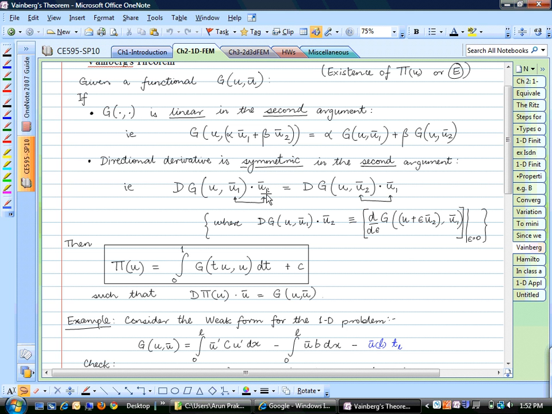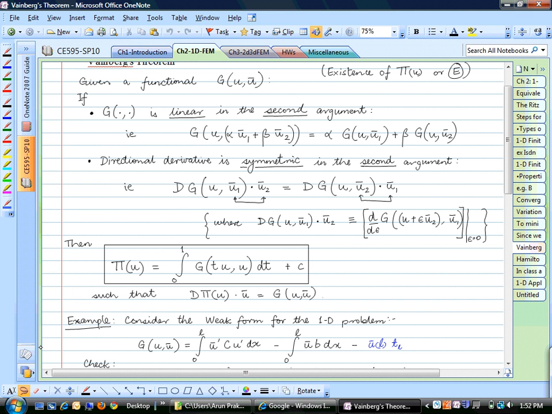So this is just symmetry of these two arguments when you take the directional derivative. And this is the definition of the directional derivative again for this weak form. Earlier what we had was the definition of the directional derivative for a single scalar functional. Here this is the definition that you will use for the weak form.